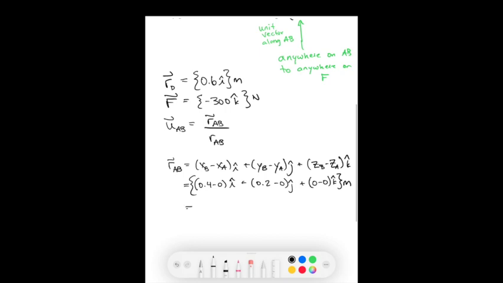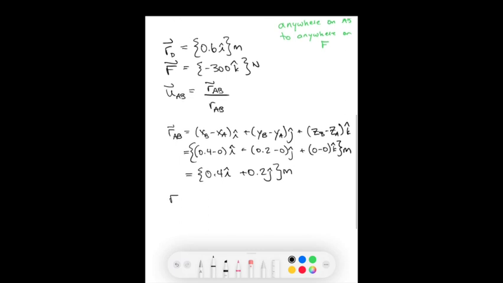We have units of meters, and so we see that we have 0.4 i, 0.2 j, and no z. So that vector does not go vertically, doesn't go up or down.